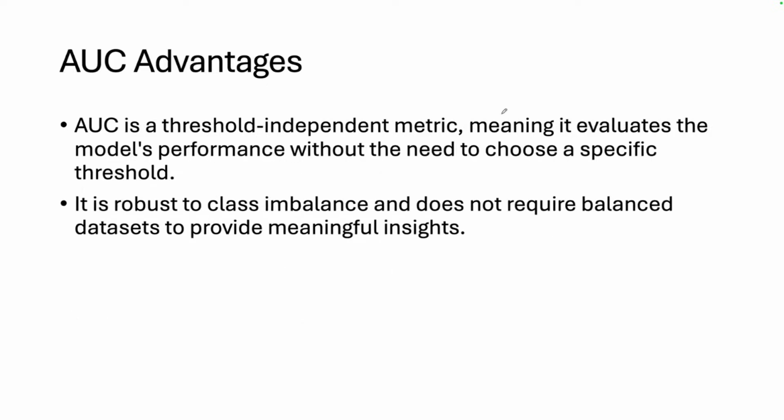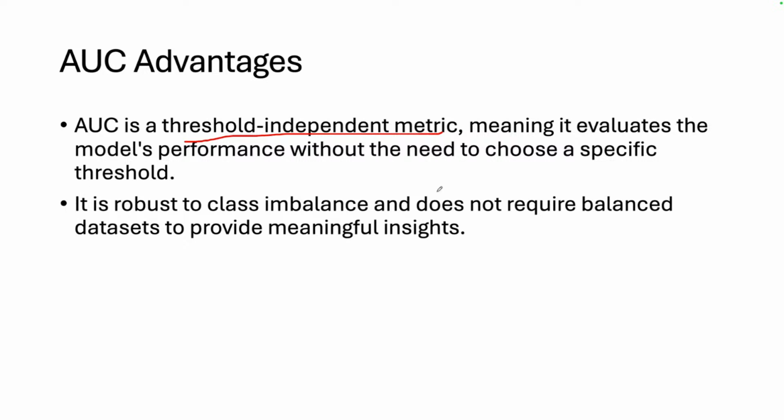The really big advantage here of the AUC is that it's a threshold independent metric. So we don't have to set a threshold. We looked at precision and recall and accuracy and how those values change depending on the threshold that you set.